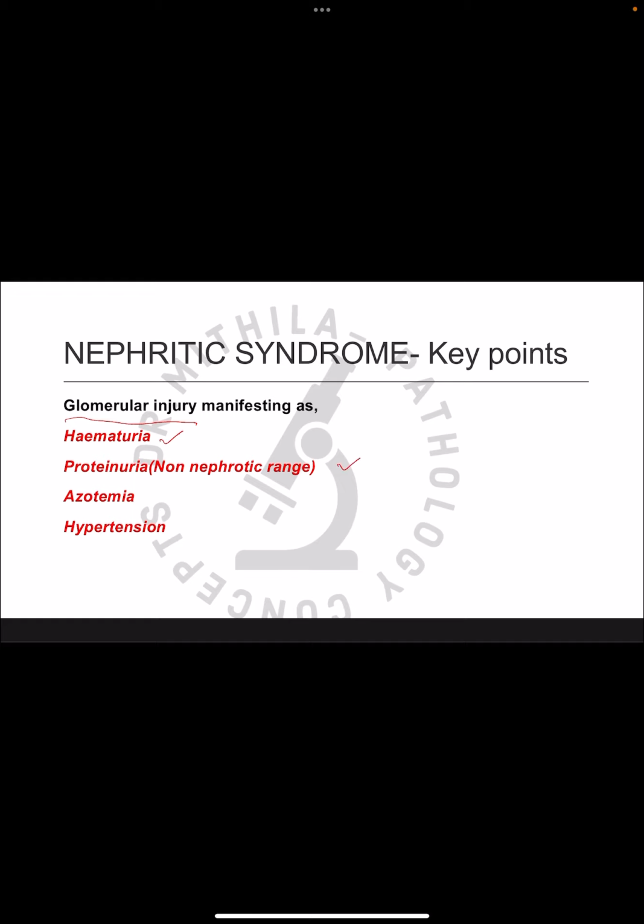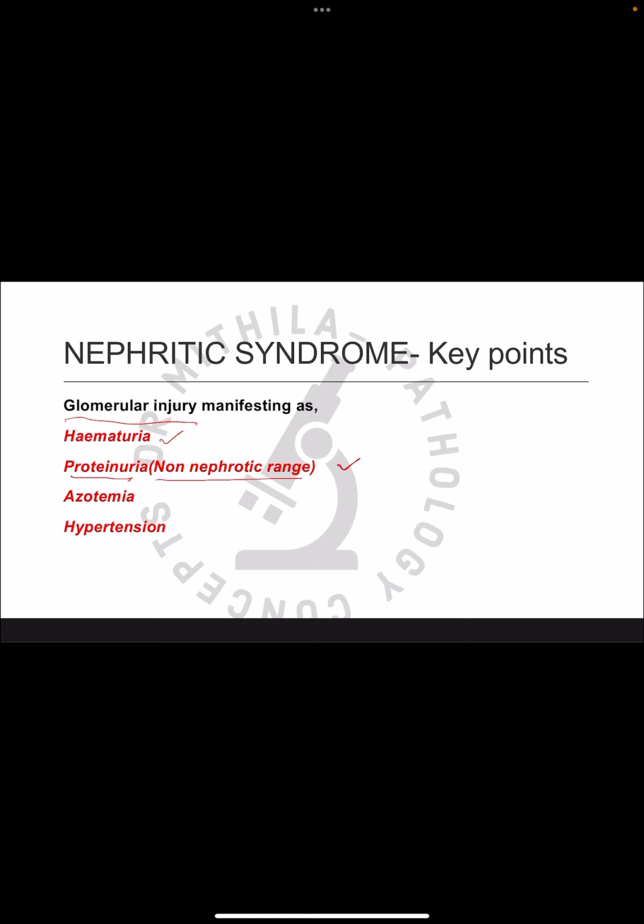Then there is proteinuria. So there is damage to the glomerular basement membrane, the glomerular structures, and that is causing the filtration of protein in the urine. So protein which is coming out in the urine is of non-nephrotic range.